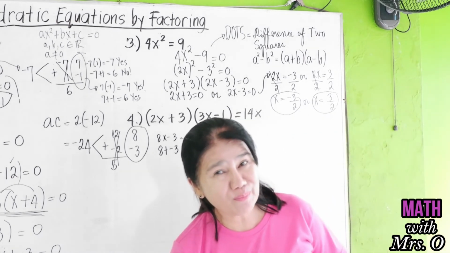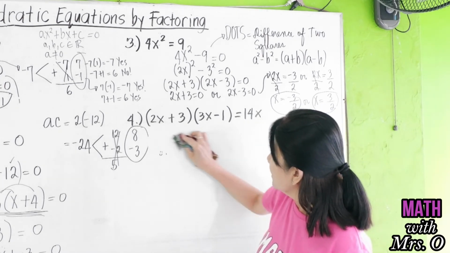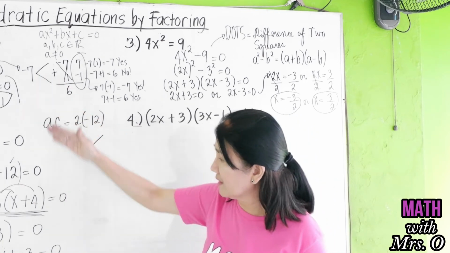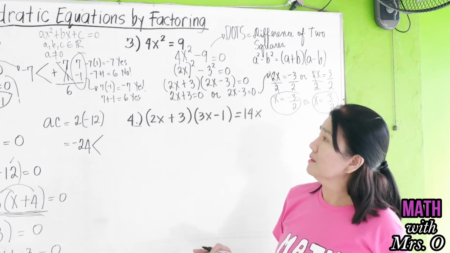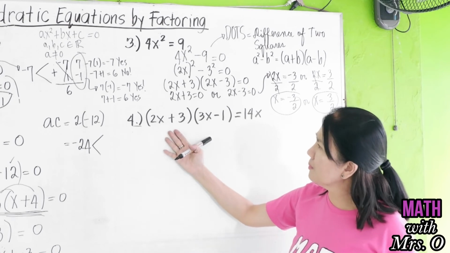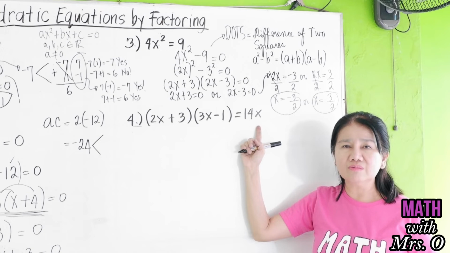Now let's proceed to problem number 4. As you have observed here, I have given you different cases of problems involving solving quadratic equations by factoring. Now, in problem number 4, the right side is not equal to 0.